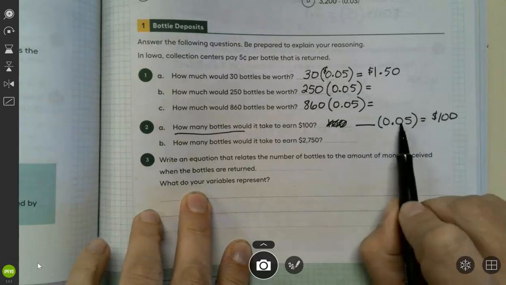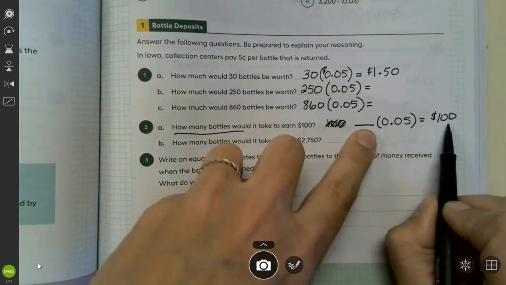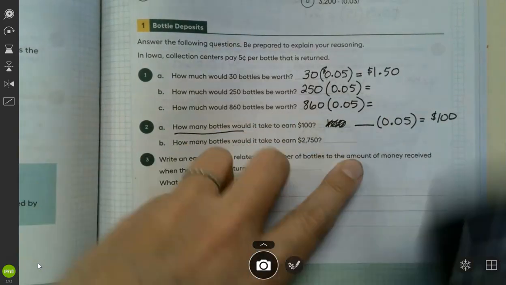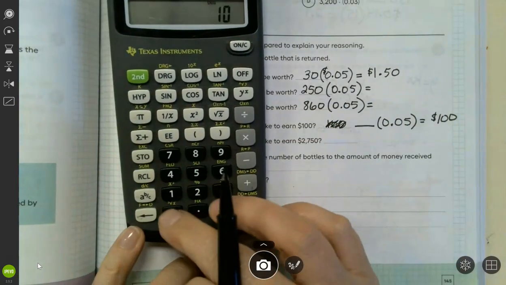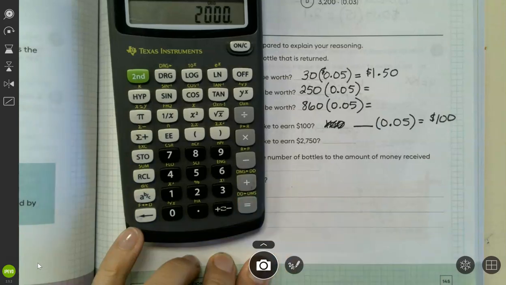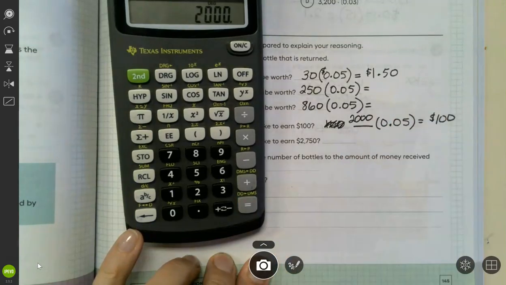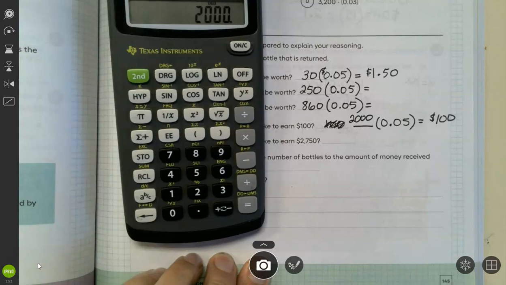So instead of multiplying, what's the opposite? We're going to divide. I'm going to take that $100 and divide it by that 5 cents. That means I'm going to need 2,000 bottles in order to make $100.